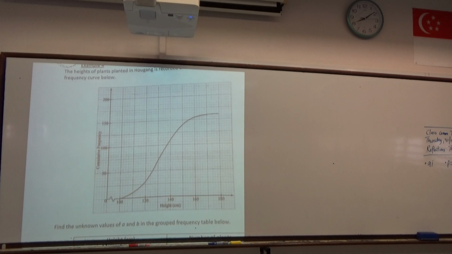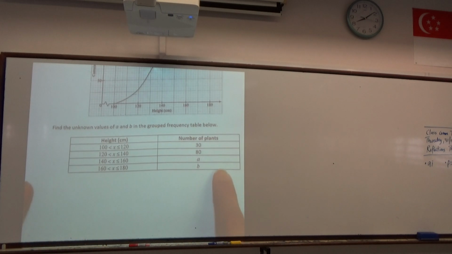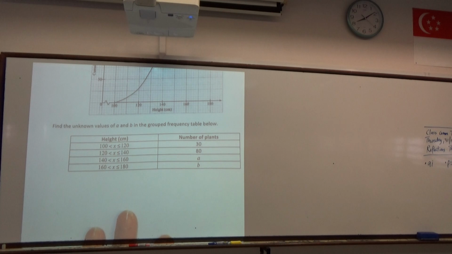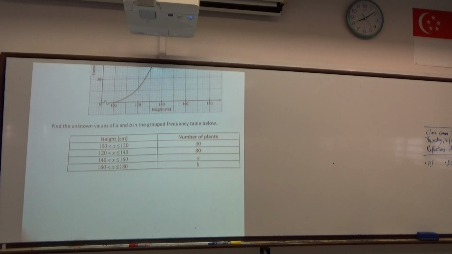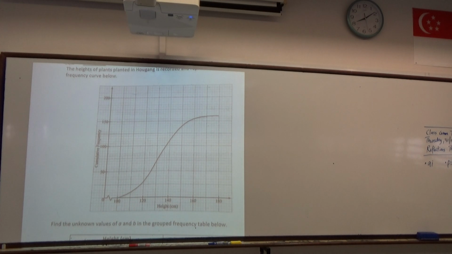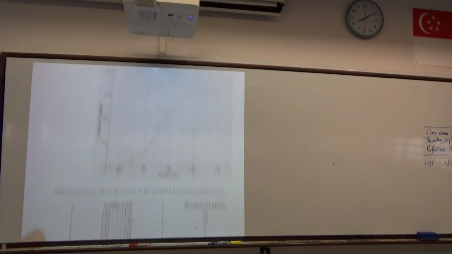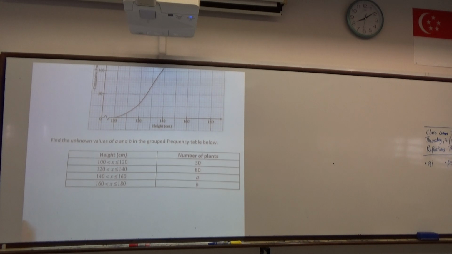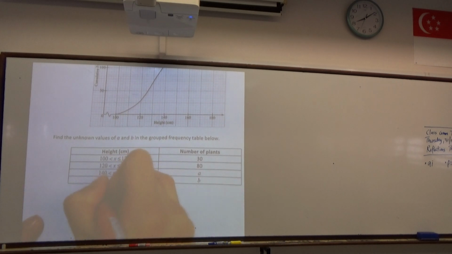graph? First of all, you need to realize that this is not a cumulative frequency table. So we need to actually form a cumulative frequency table in order to be able to get this graph understanding. So in this case, if I want to have my cumulative frequency table, the heading will be height in cm.